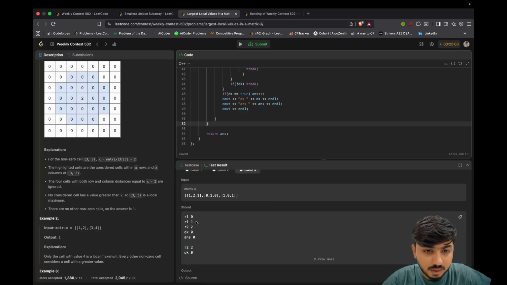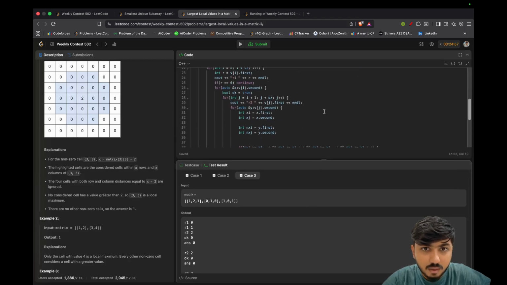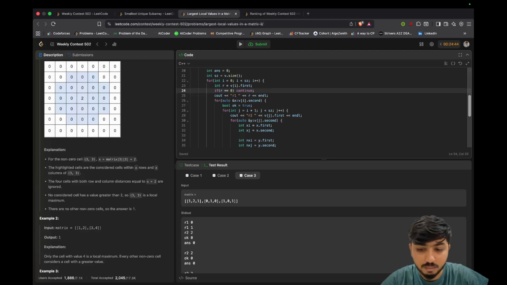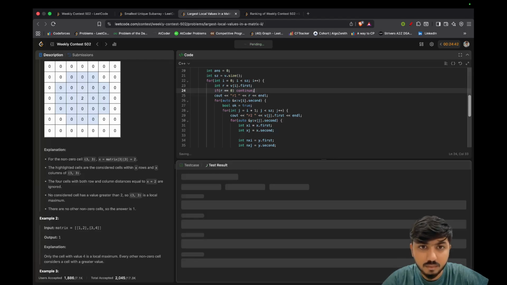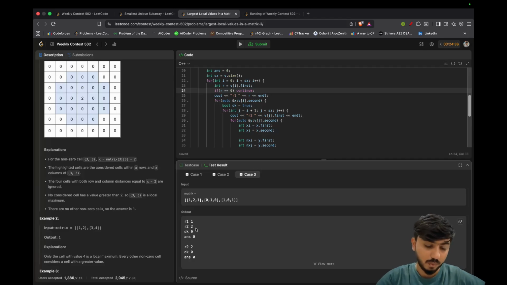For 0, we are checking for 1 and 2. 0, we had continue, right? Let's not print this then. For 1 we are checking 2. Okay.